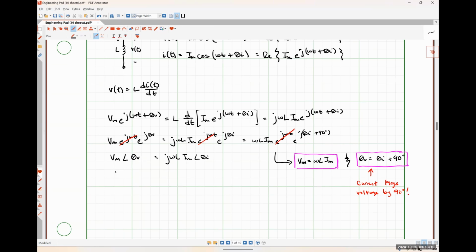Since Vm angle theta V is by definition our phasor voltage, we have the relationship phasor voltage V is equal to j omega L times phasor current I for an inductor. So this is how current and voltage across an inductor are related in the frequency domain.